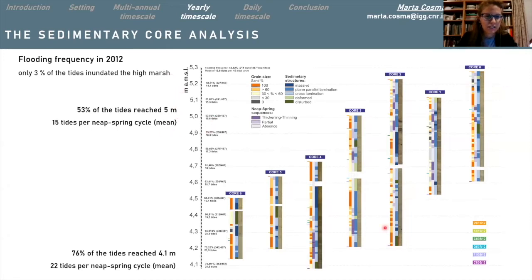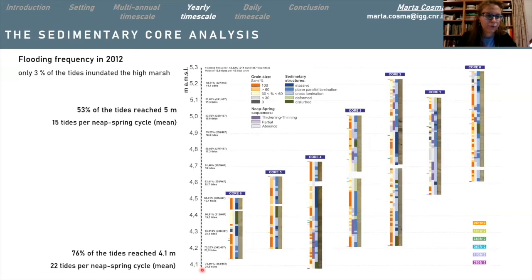Whereas at this elevation here, we see that 53% of the tides can reach the 5 meters, and at this elevation, one neap spring cycle consists on average of 15 tides out of the 28 possible in a semi-diurnal tidal regime.